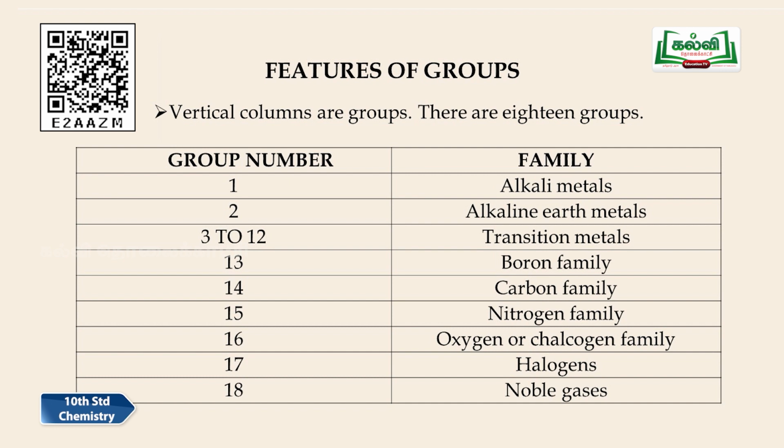Now next, whatever group you take, the outermost electronic configuration, that means the outermost electron number, is the same for all the elements in the same group. That means the valence is the same for all elements in a group, right? The electronic configuration is the same.